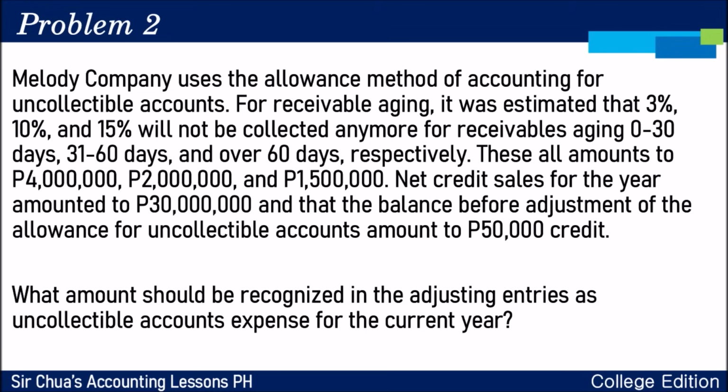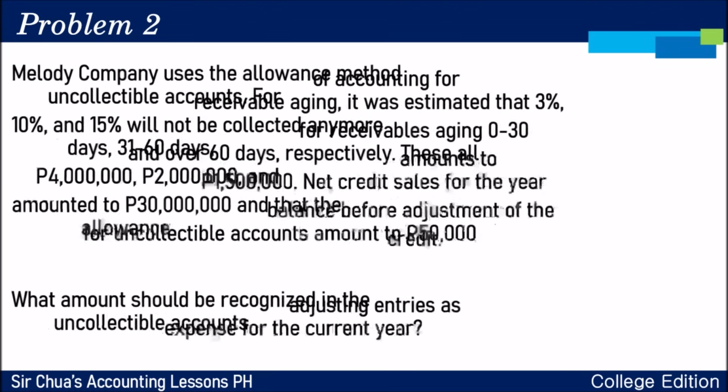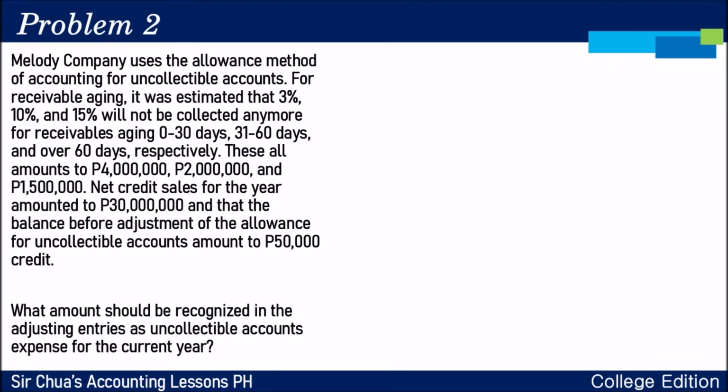Ang tanong, what amount should be recognized in the adjusting entries as uncollectible accounts expense for the current year? Okay, what we need to do is we need to analyze first magkano ang hindi na natin marireceive per account receivable aging schedule.